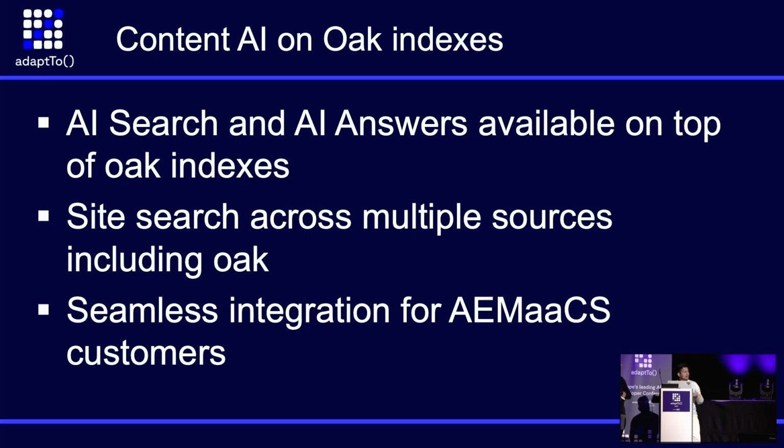Going forward, we intend to work on integrating more and more Oak indexes so that this can effectively empower developers to build a robust site search solution on top of the JCR content, along with content sourced from external sources as well. From a cloud service perspective, this would entail a very seamless integration when enabling any features from Content AI or from other AEM solutions that are leveraging Content AI at their core.